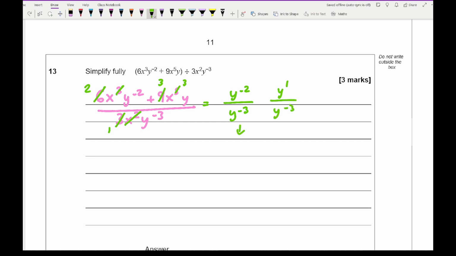Now if I simplify this, this is going to become y to the 1, and this is going to be y to the power of 4. So from this, what we end up with is 2xy plus 3x cubed y to the 4. And there is my final answer for that one.